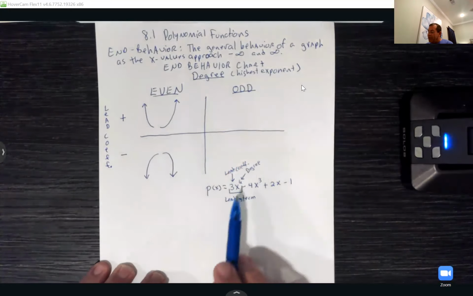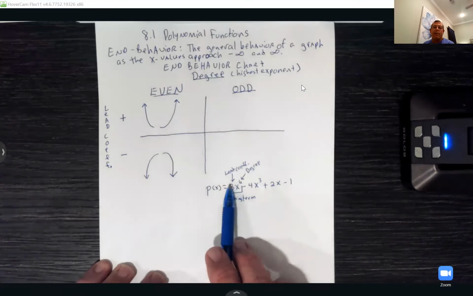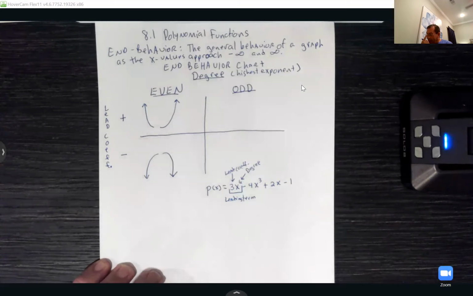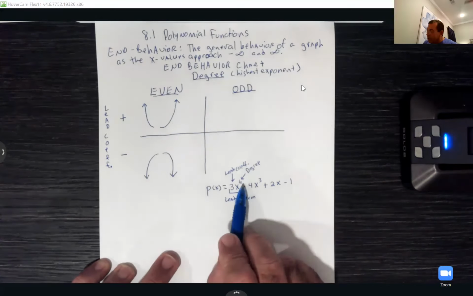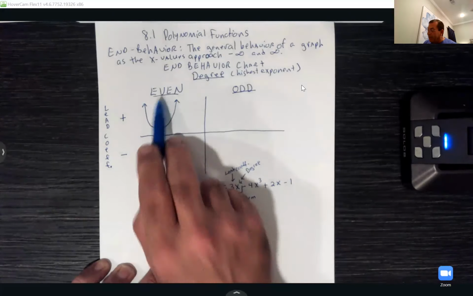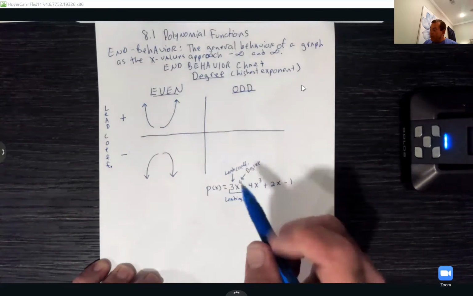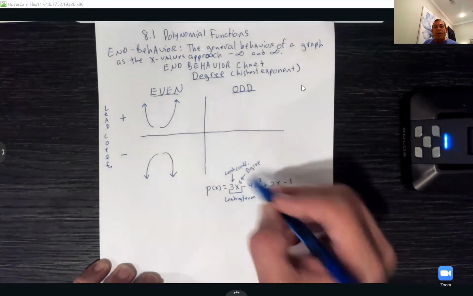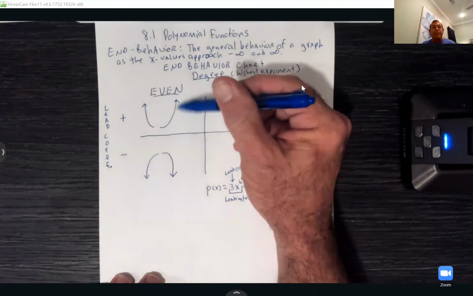So the lead coefficient is the number in front of the variable that gives you that degree. So on this one that I drew, my degree would be even. My lead coefficient 3 would be positive. So that tells me that in the long run, this graph on both ends will head up towards positive infinity.